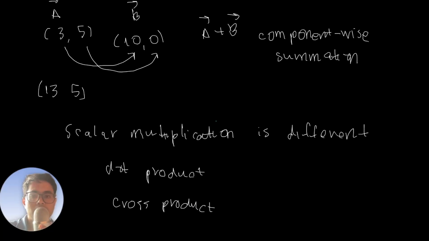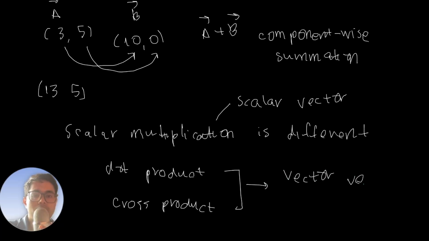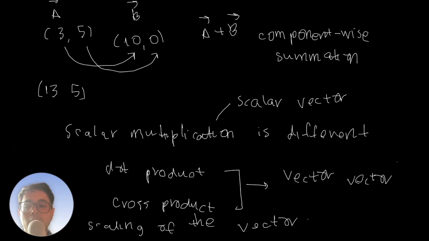Scalar multiplication involves multiplication of a scalar and a vector, whereas dot product and cross product involve multiplication of a vector and a vector. Scalar multiplication is the scaling of the vector size or magnitude.